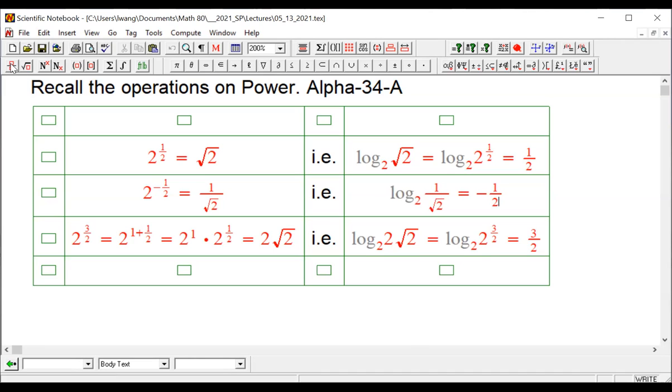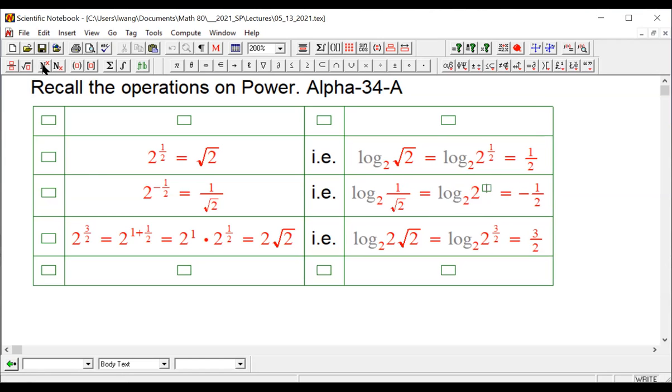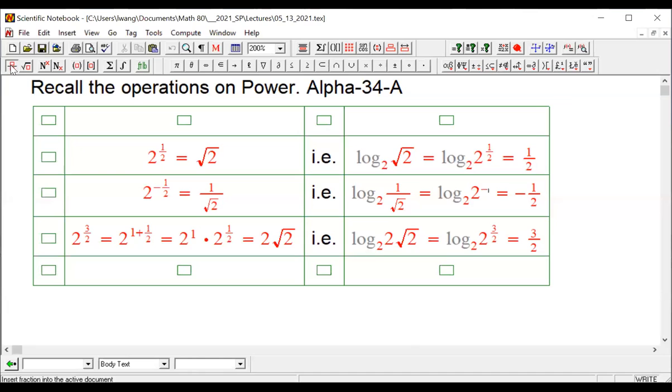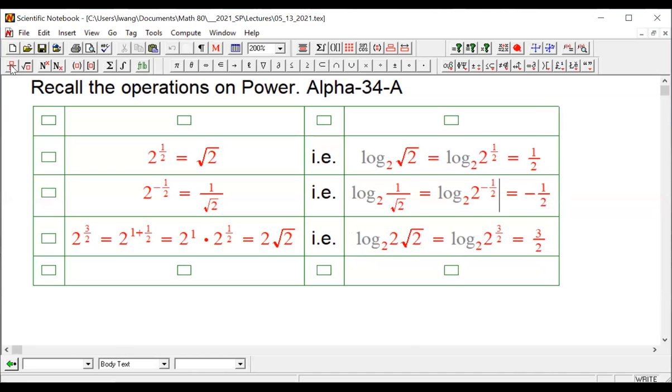It gets a little bit more challenging, isn't it? But it is also equal to log base 2 of 2 to the power of negative half. So all these notations, I hope you guys are following me. Do you guys follow me?